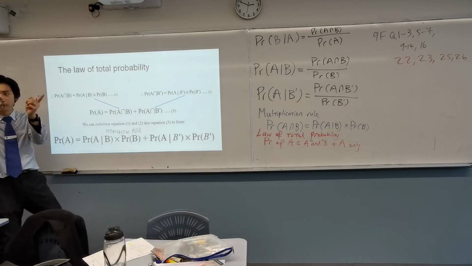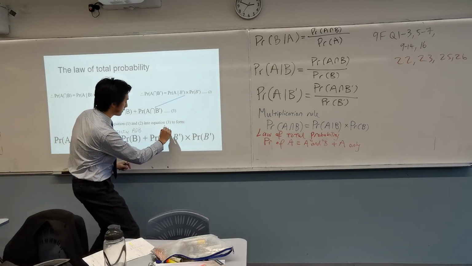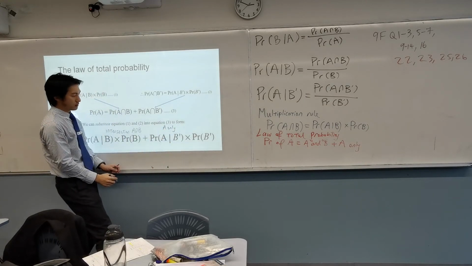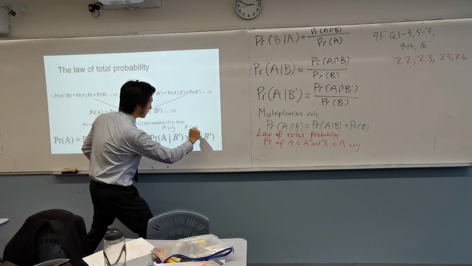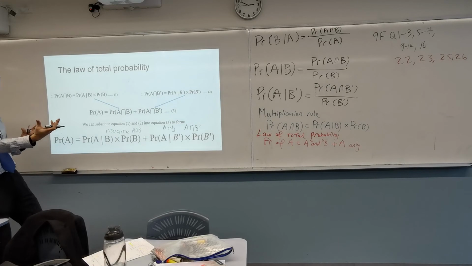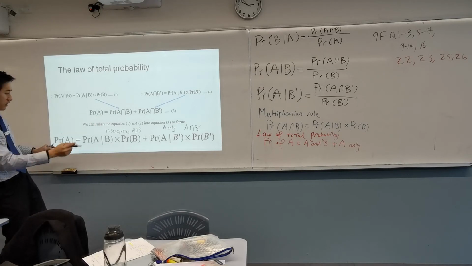That's like the center of your Venn diagram. This part is A only, which is the moon shape of your Venn diagram. If you add those two together, you get your entire circle for event A. Now I'm going to rewrite this down at the board because this is a very important formula.